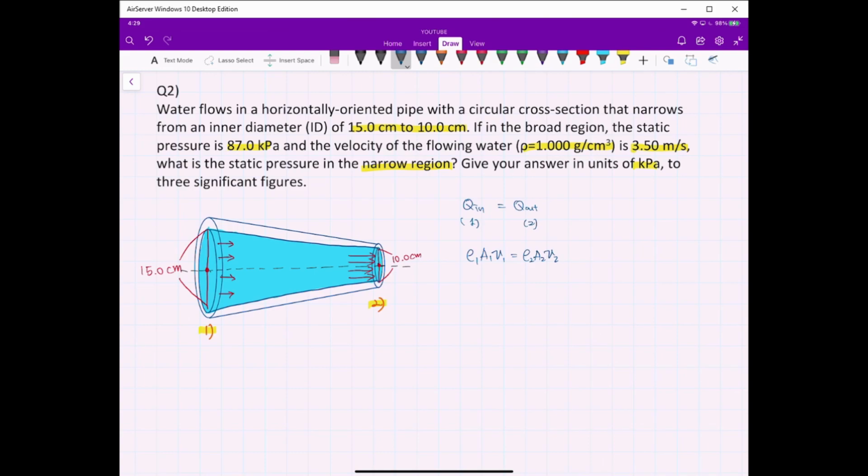We can cancel the rho 1 and rho 2 here because they are the same fluid with the same density. And we can rearrange the formula to get V2, which would be V2 equals A1 over A2 times V1.